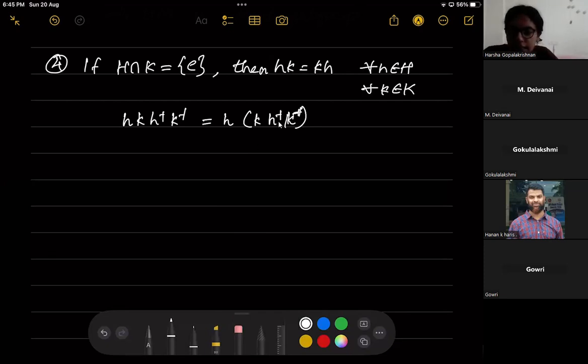I can write like this, right? Because the associative property is satisfied. I'm just taking k h inverse k inverse together and h alone.